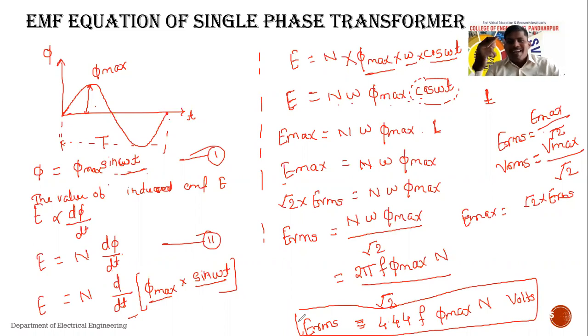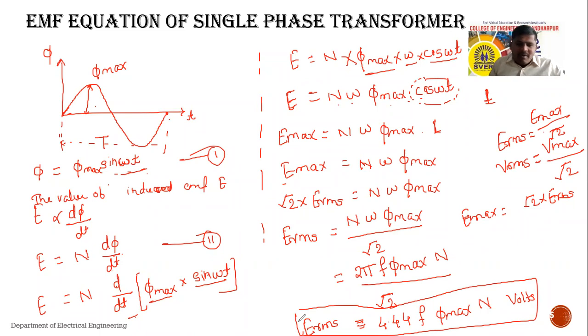Another way to derive this equation is by considering a quarter or half time, where we consider the maximum flux value. From that way also we are able to derive the EMF equation.